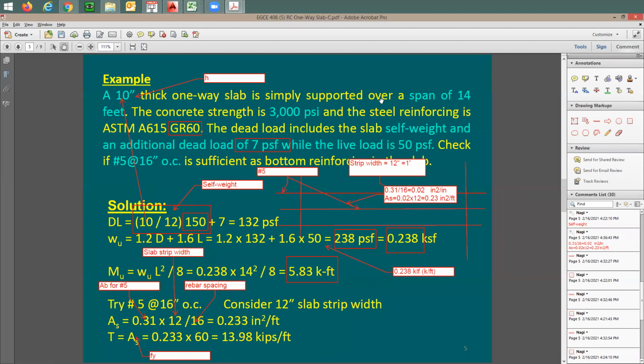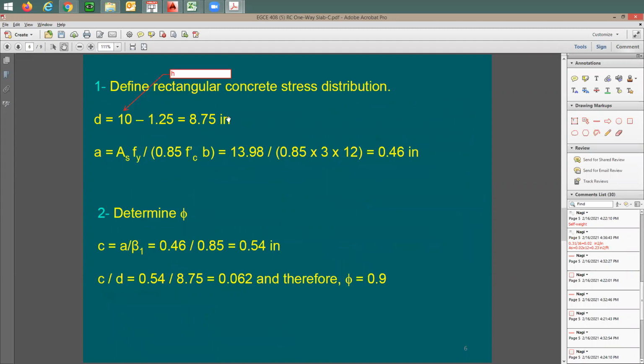How about the depth D? Now someone's going to say, in concrete slabs it's different from beams. In beams, I'll need maybe 2 inches of clear cover. In concrete slabs, I'm going to have maybe an inch of clear cover. So when you're doing slab design, just take D equal to H, the total thickness, subtracting 1 1/4 inch, and this is going to be your depth.